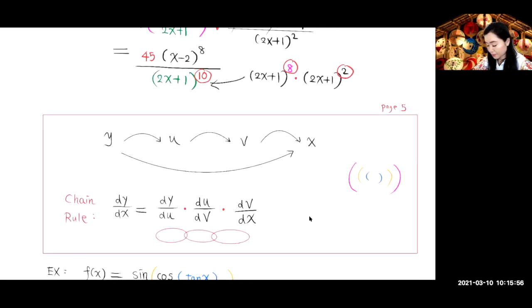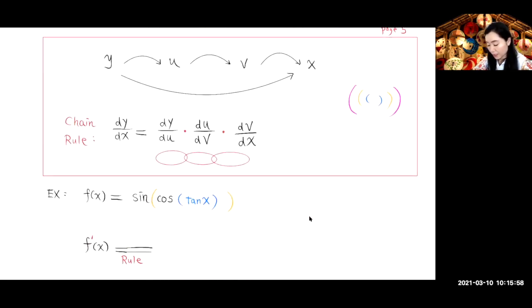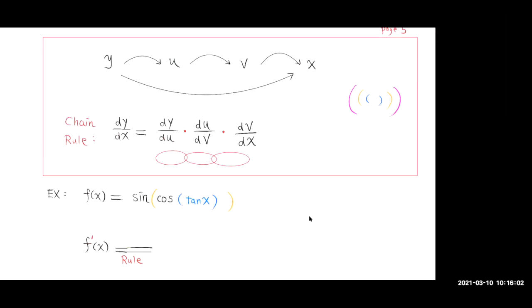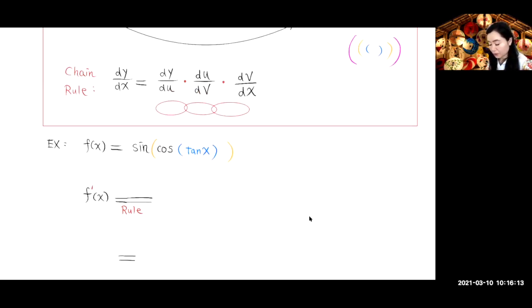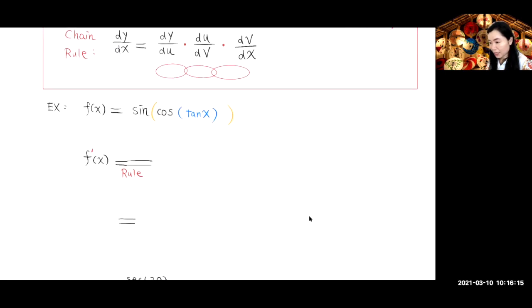Now the next one. This one here, remember the chain can get longer. So when you have a composite of 3 functions like this, then you will use the chain rule like this. So look at this function. The innermost function here is tangent of x.